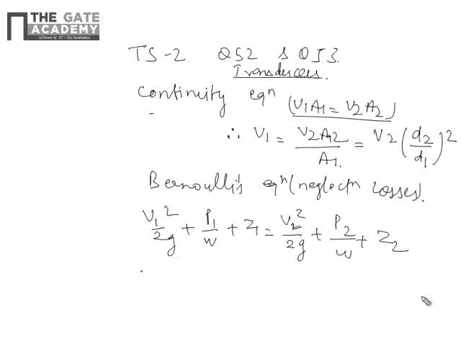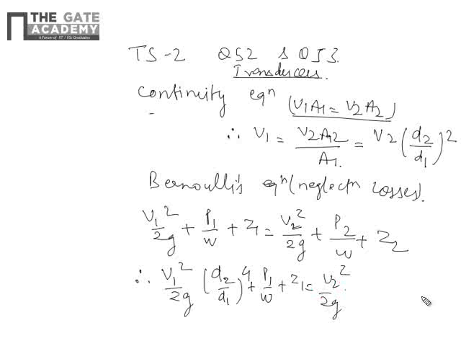So finally, if we solve this further, it's V1 square by 2g, with V1 replaced, (d2 by d1) to the power 4, plus P1 by W plus Z1 is equal to V2 square by 2g plus P2 by W plus Z2.